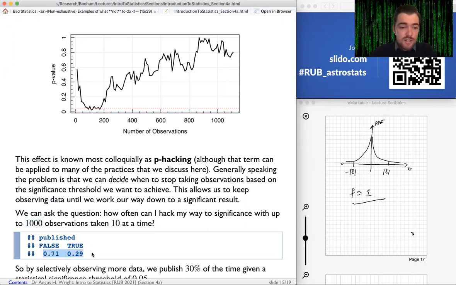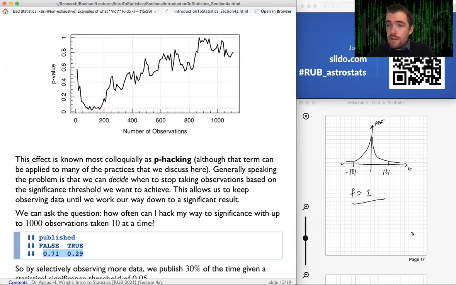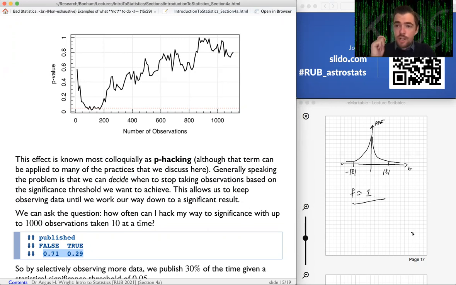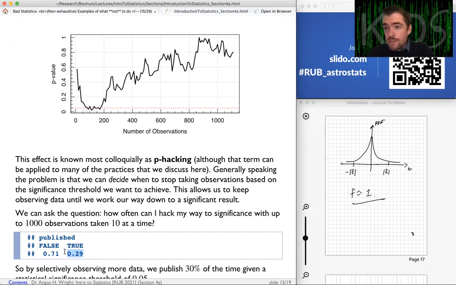And the answer is around 30% of the time using this setup. So given absolutely no effect, just by taking sequentially small chunks of data and checking the p-value every time, I can guarantee that I'm going to find a significant result in a single variable 30% of the time.